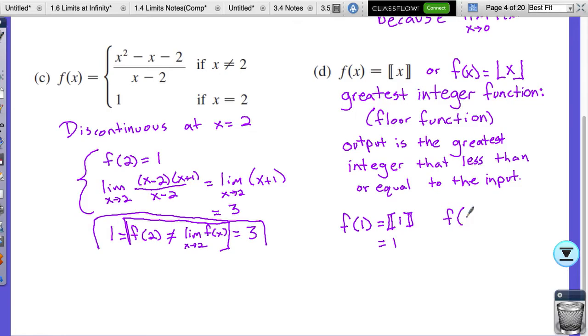If I say, what is f of 1.73? Is 1.73 an integer? No. So you find the largest integer that's less than that, which would be 1.